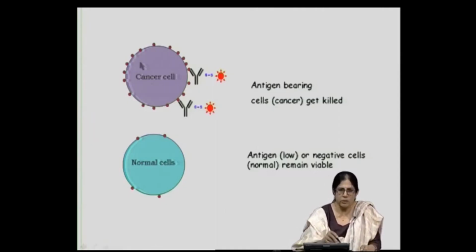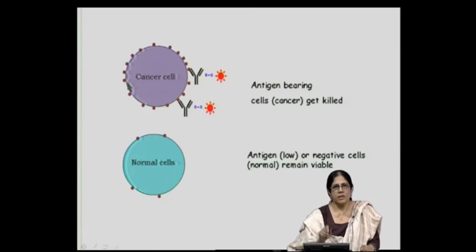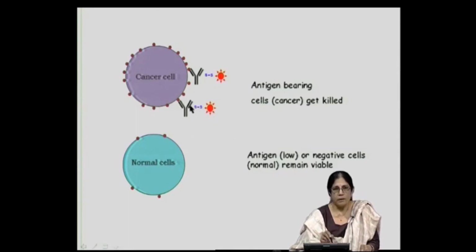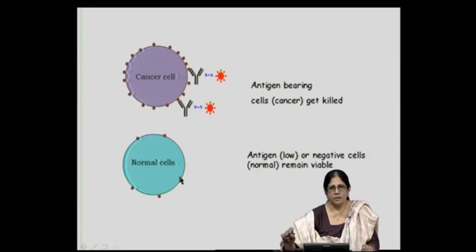So, this is quite a complex situation, but just see how beneficial it would be if all the cancer cells which have these receptors or specific antigens are specifically singled out by way of these antibodies or immunotoxins and killed. Normal cells are left untouched.